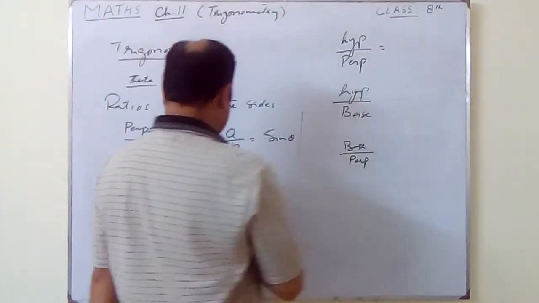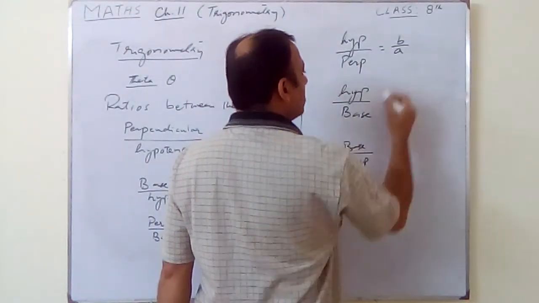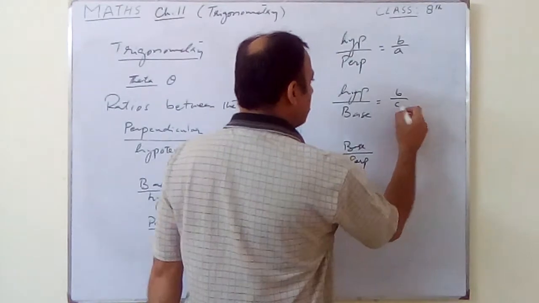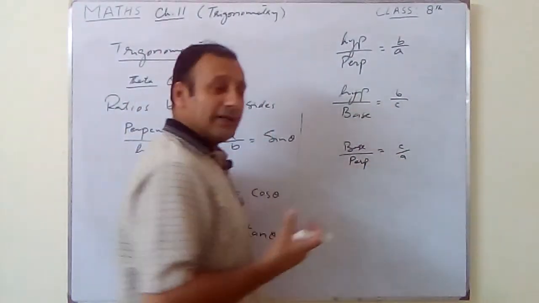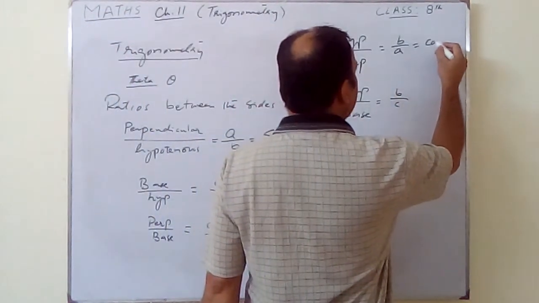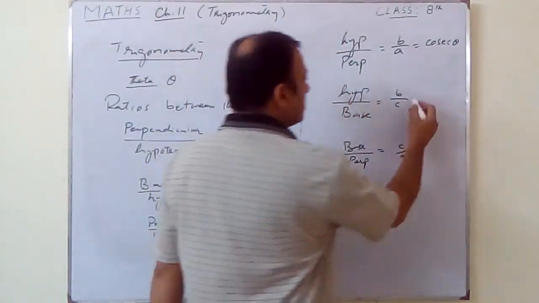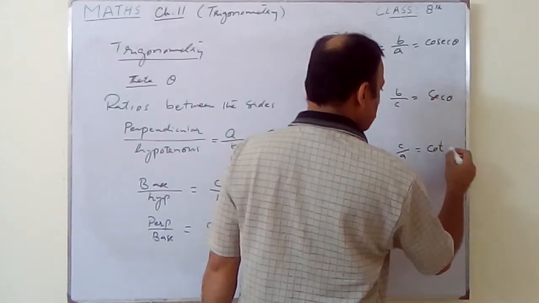So this one is B over A, this one is B over C, and here it is C over A. They also have specific names. This one is called cosecant, this is secant, and this is cot.